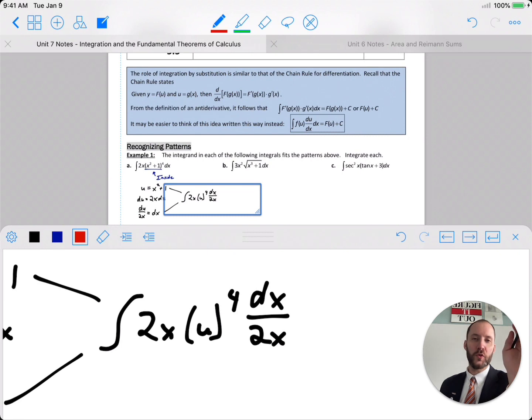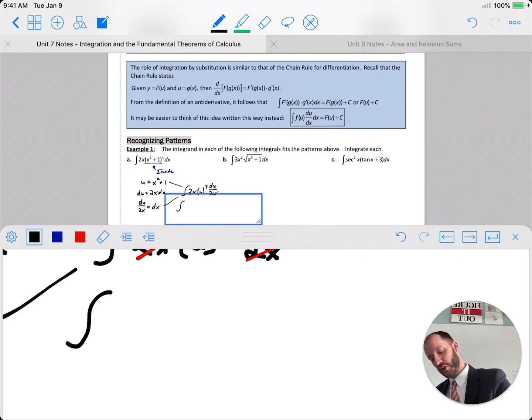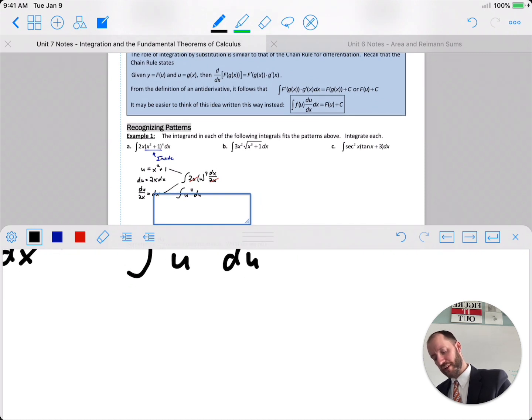And if you do U-sub correctly, magical things happen. So look at the problem we have. The 2x in front, the 2x in the bottom under dx. Those quite nicely cancel out. You're left with the integral of u to the fourth du. And by now you should know how to take the antiderivative of this.